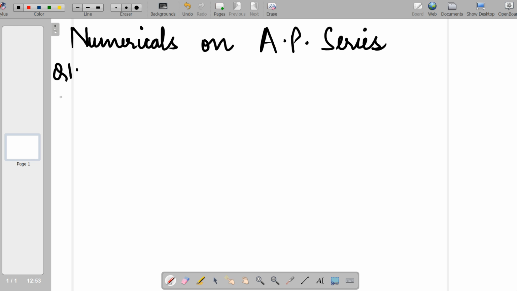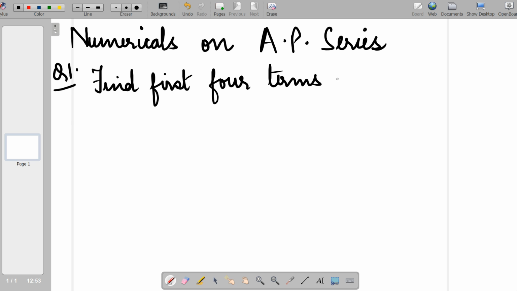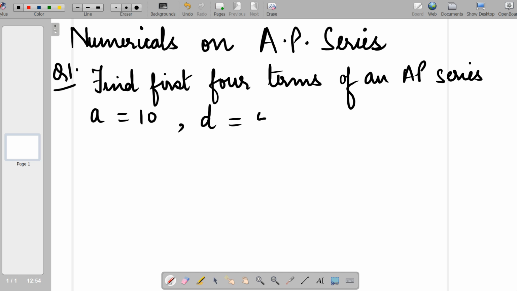I have picked a question which is very simple and you can easily find the values. The question is you have to find the first four terms of an AP series, provided the first value of that series is 10 and the common difference is 5.